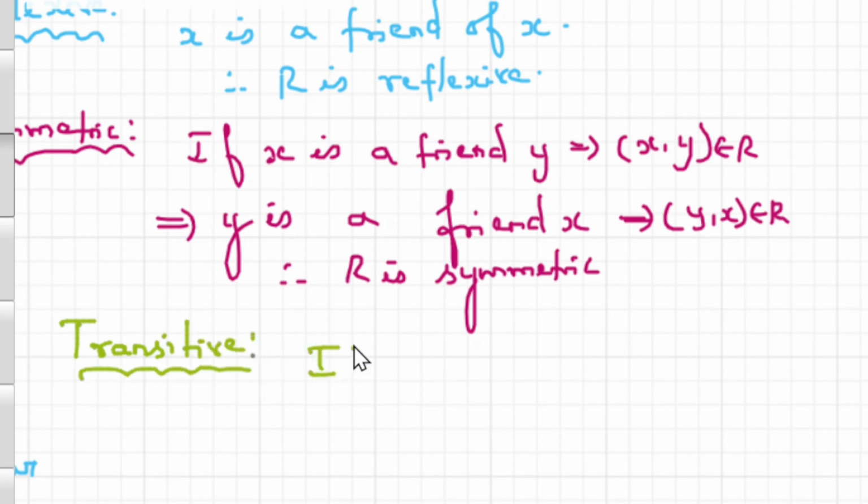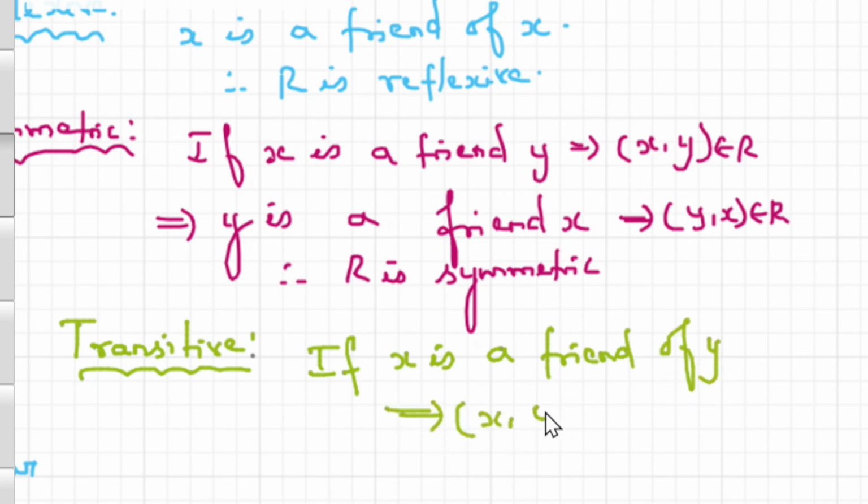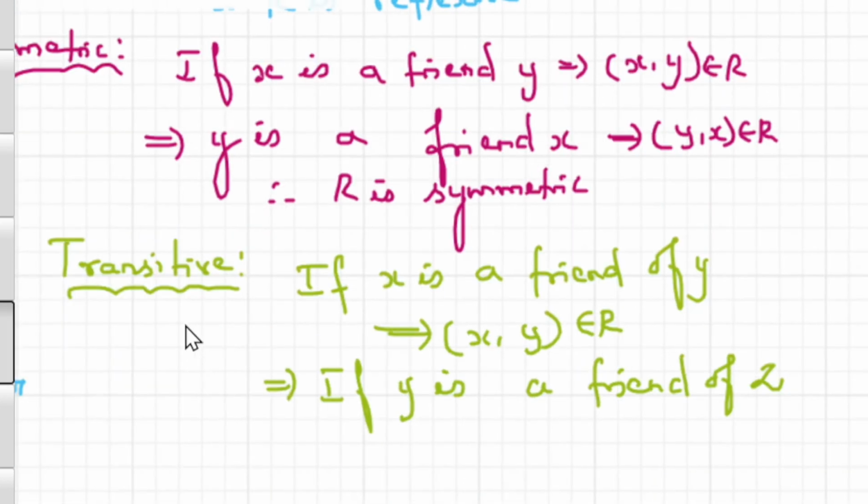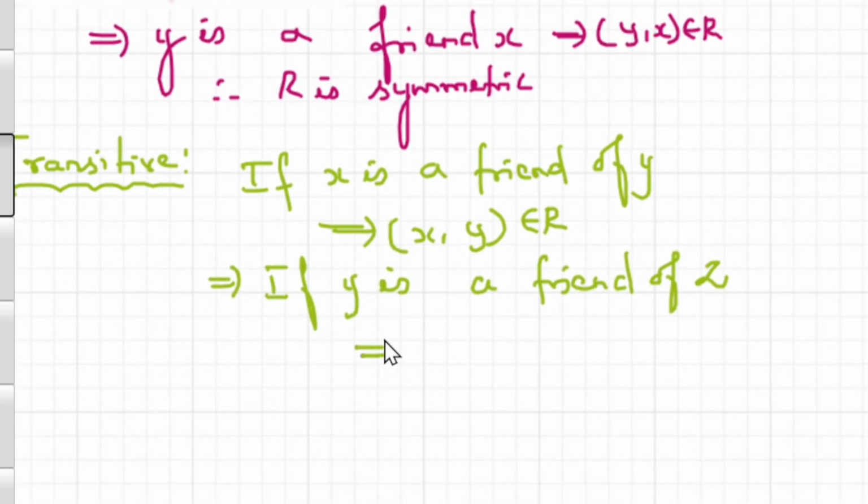If X is a friend of Y, then that implies X comma Y belongs to R. And then if Y is a friend of Z, then that implies Y comma Z belongs to R. But X and Y are friends, Y and Z are friends.